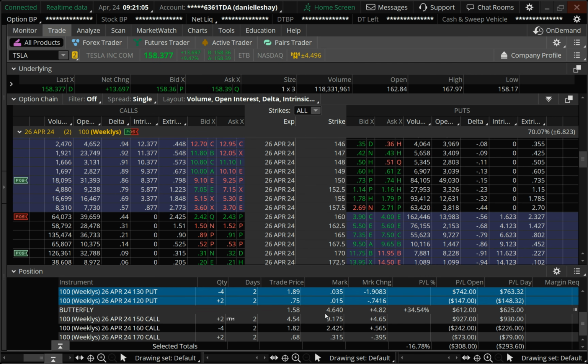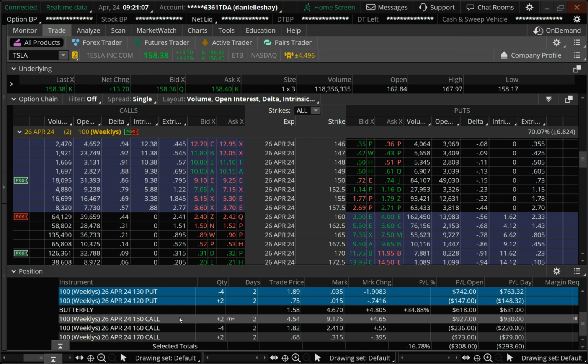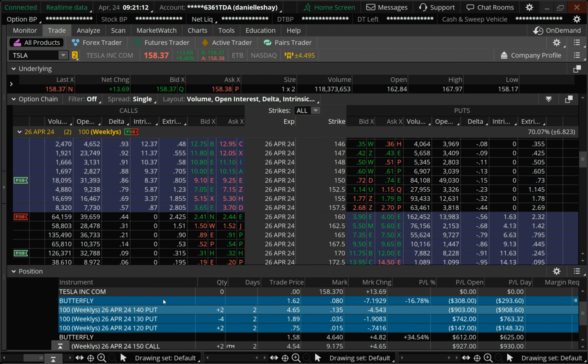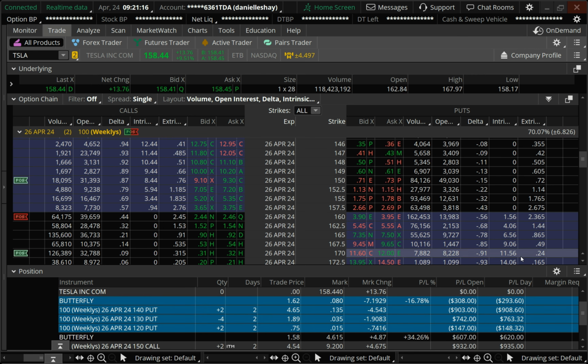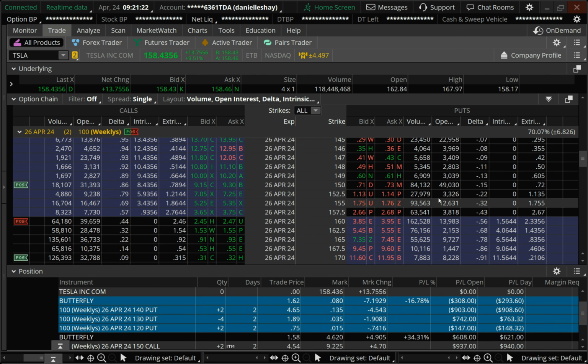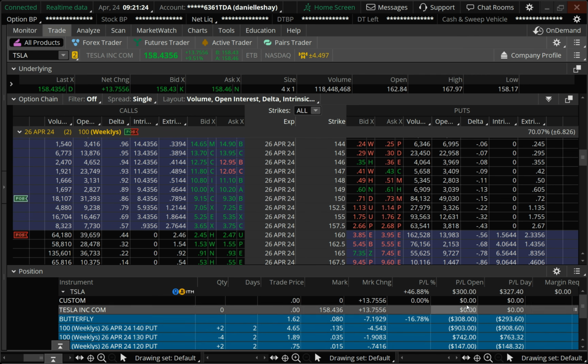So the idea when you do it both ways is that yes, one of them is going to lose money, but that way you have a range on both sides. Maybe Tesla comes up into 160 and this one hits. The other one's not working. That's fine, but it makes up for the other one.